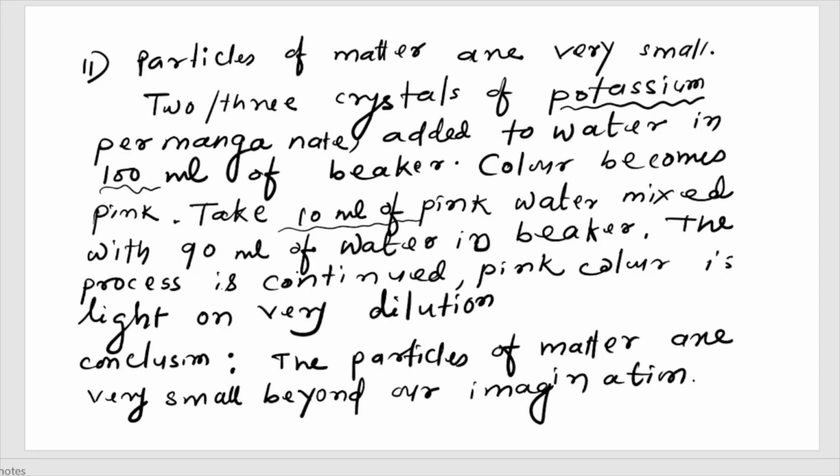If you add 10 ml of pink water to 90 ml of water, you still see the pink color, but it is very light. The pink color of the solution becomes lighter and lighter as you add more water. What is the conclusion?